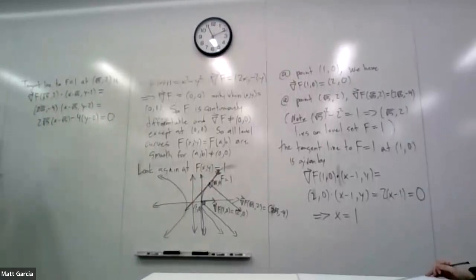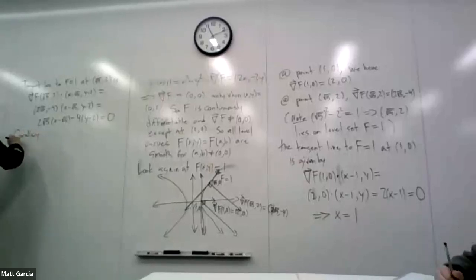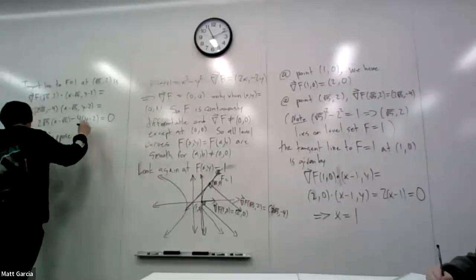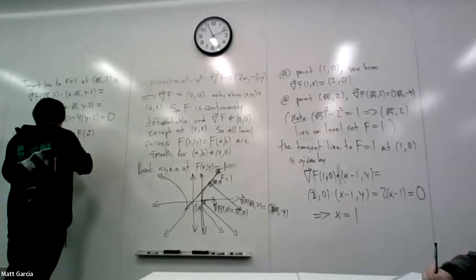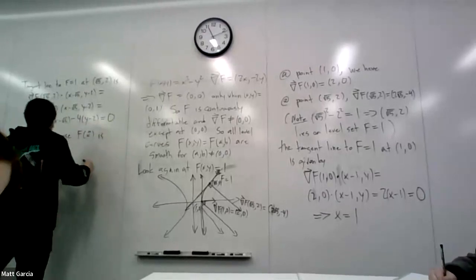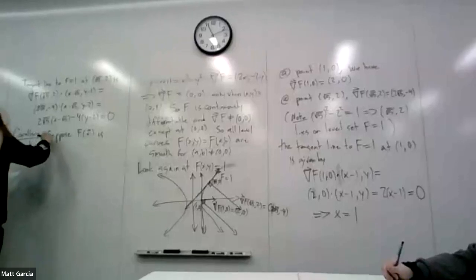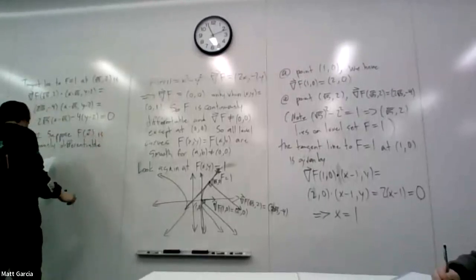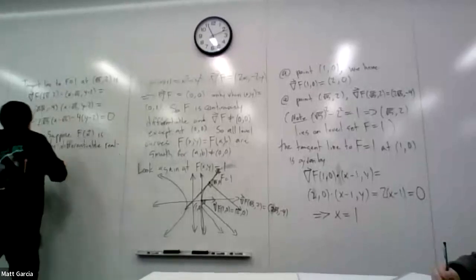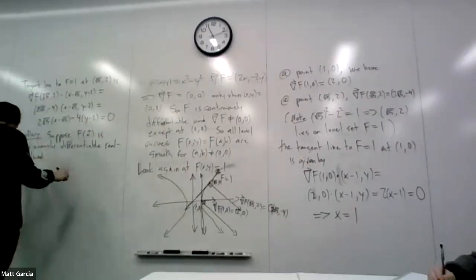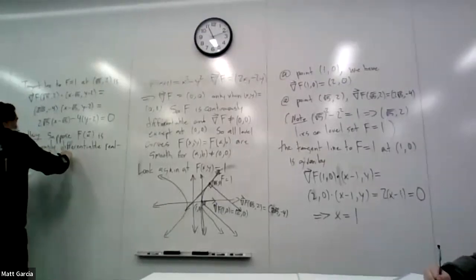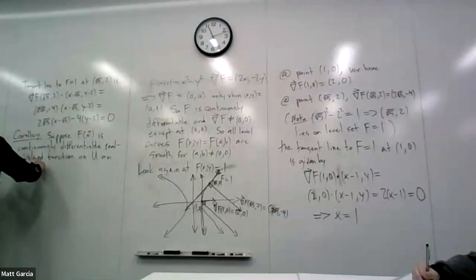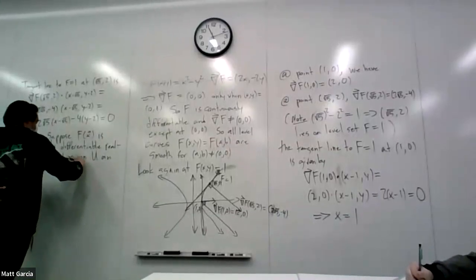So, here's a corollary. Let's suppose f of x hat is, again, a continuously differentiable real valued function on U, an open subset of Rn.